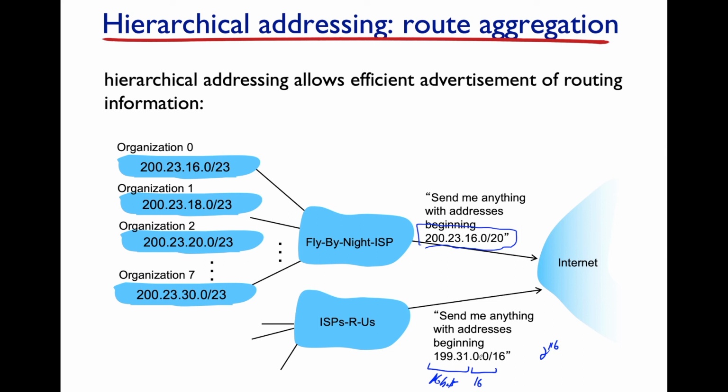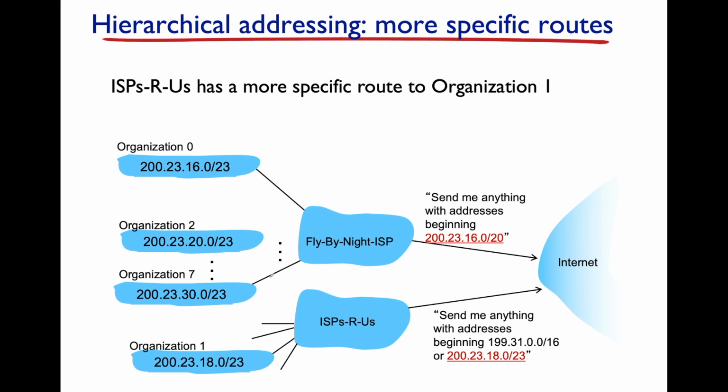Now, of course, one of the things you can imagine, let's say organization 1 decided to move to this new internet service provider. Now, of course, this block of addresses, 200.23.18.0 with a subnet mask of 23, doesn't naturally fit, well, it doesn't fit at all, inside of 199.31.0.0/16.